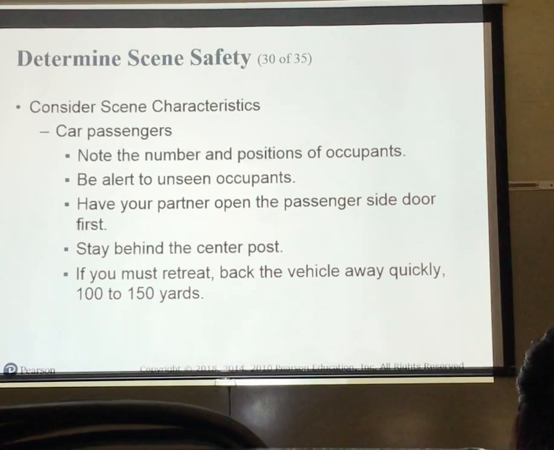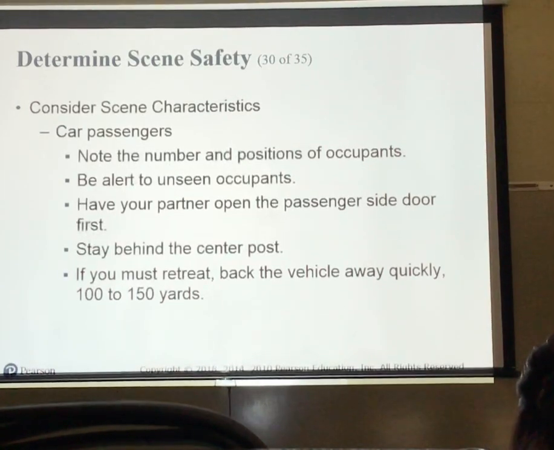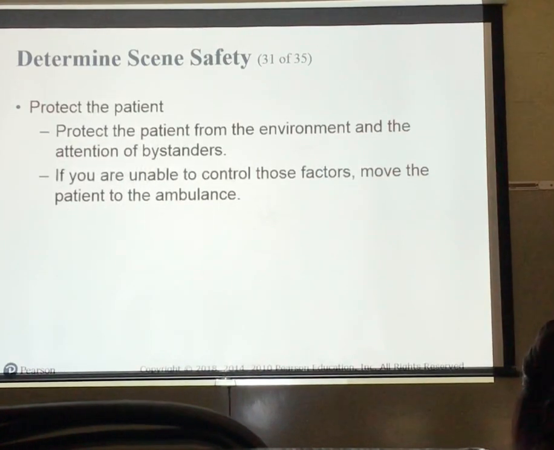Keep behind the center post. Carry an object such as a report book or bag that you can throw at the occupant's face if they become violent. If you must retreat, immediately get into your vehicle and back up rapidly. Move 100 to 150 yards. Clear the killing zone.